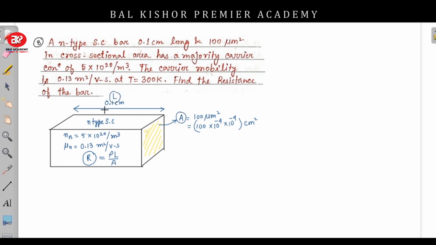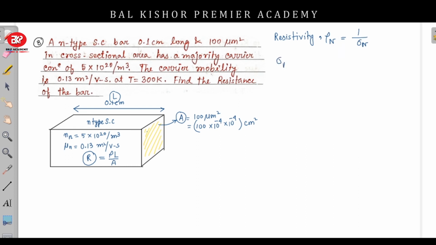So we have to find the resistivity, or we know that the resistivity value, it is an n-type semiconductor, that is rho n. So rho n is equal to 1 by conductivity, that is sigma n. So the reciprocal of conductivity is the resistivity. Now we need to find the conductivity.